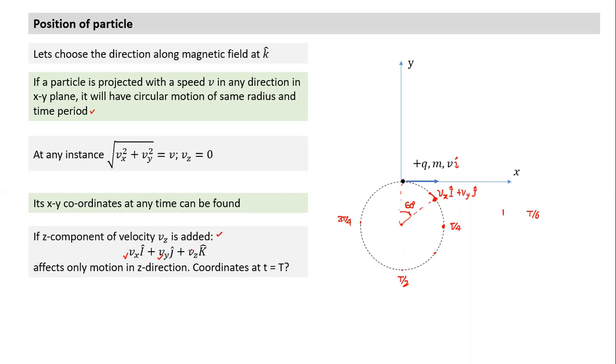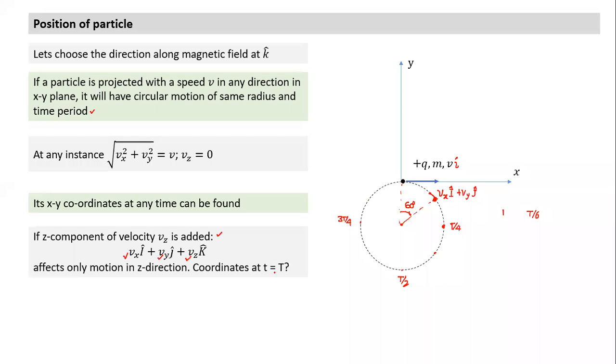So force will not have any k component. Hence vz will not be affected. If a particle has a z component of velocity, it remains unaffected.